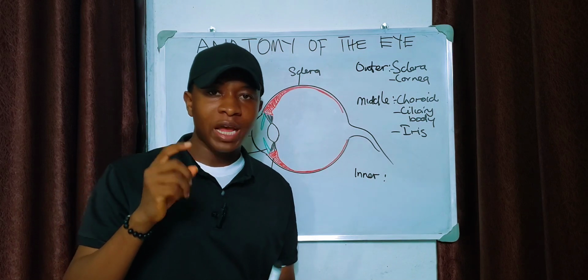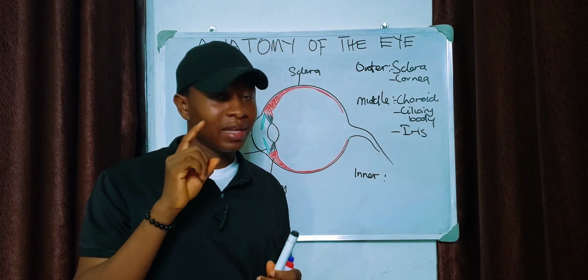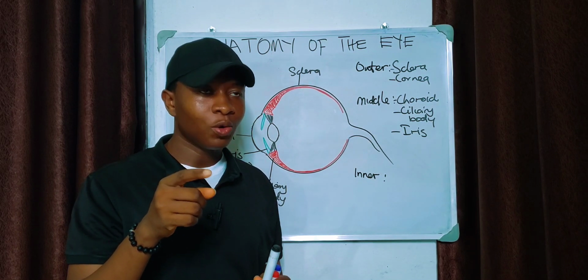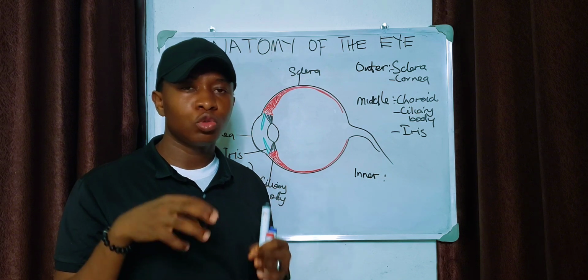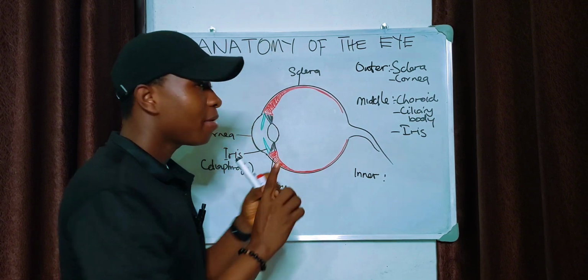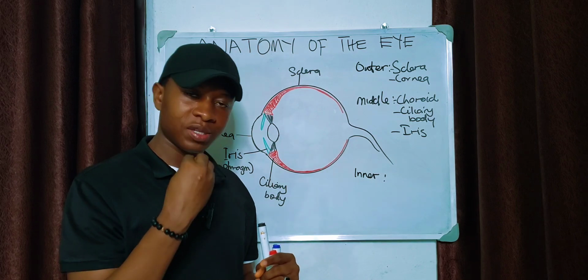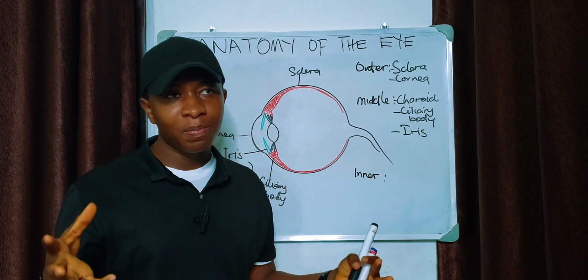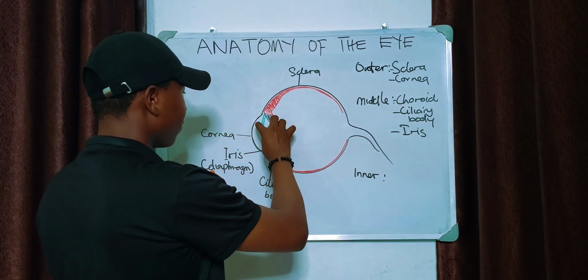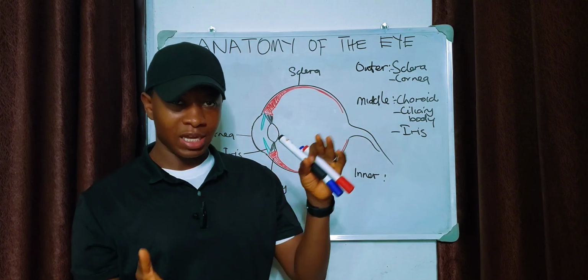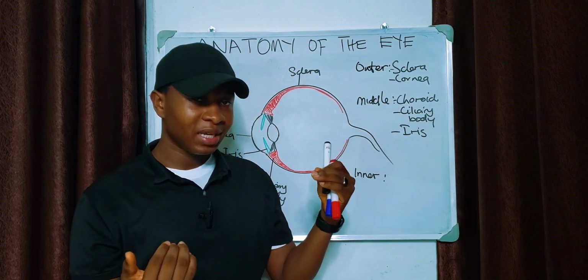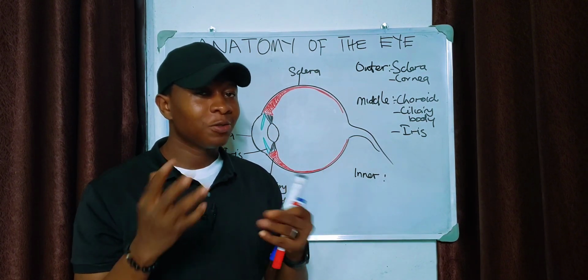It actually controls the amount of light that enters the eyes. Okay, so if the light intensity is too much, the diaphragm shuts, it closes to allow minimal light to pass through the eyes. But if you are in a dark place, the diaphragm will have to dilate, it has to open to allow more light inside the eyes so you can actually see.